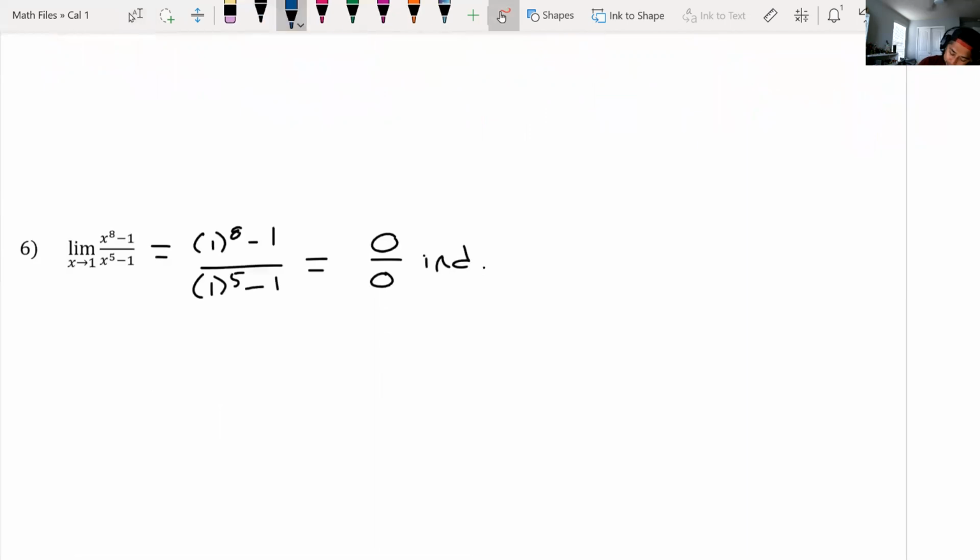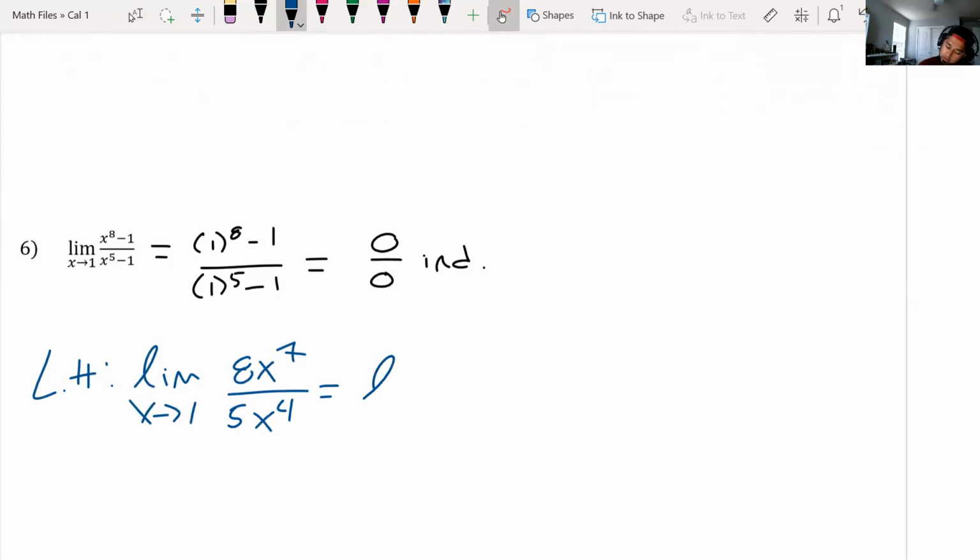And then take them to the hospital, and the limit as x approaches 1, derivative of x to the 8th, 8x to the 7th over 5x to the 4th. Reduce, and you'd have 8x cubed over 5. Plug in 1, and what's our answer?